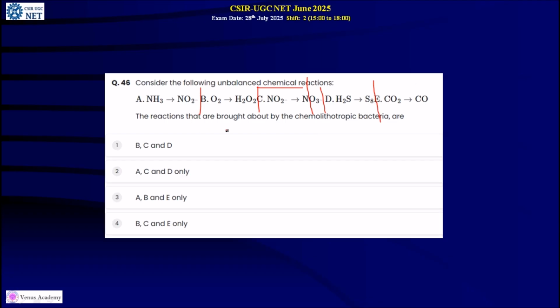The reactions that are brought about by the chemolithotrophic bacteria are, so option number 2 is the correct option, students, that is A, C, D. A is ammonia to NO2 minus, C is NO2 to NO3, and D is H2S to S8 by bacteria. So option number 2 is the correct option, students.